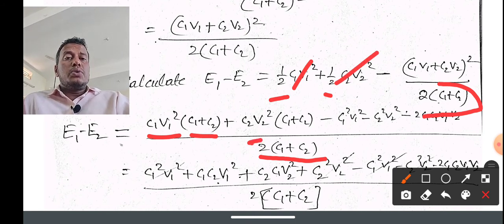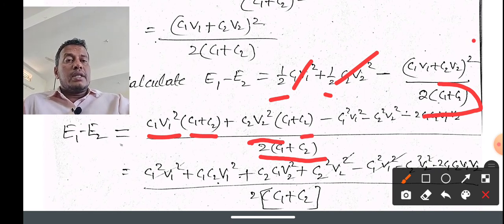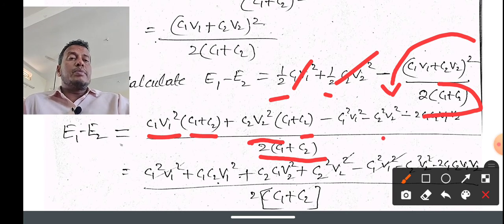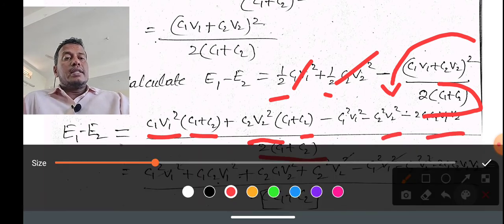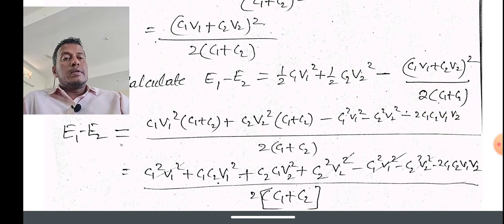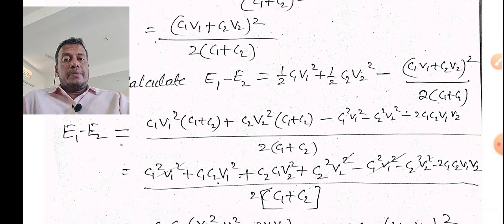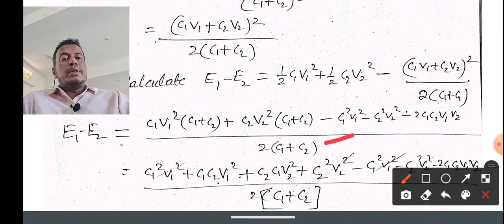So, C2 V2 square minus C1 plus C2 whole square. The remaining equation can be expanded using the A minus B formula: minus multiplies all the terms, that is A square plus B square minus 2AB, like this, that is C1 square V1 square, C2 square V2 square, 2 C1 C2 V1 V2, divided by C1 C2.